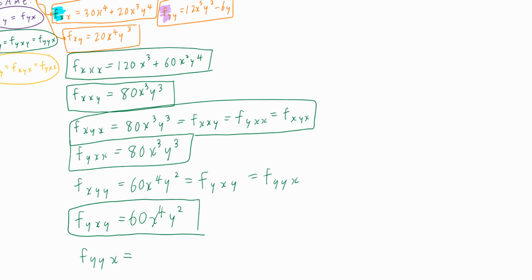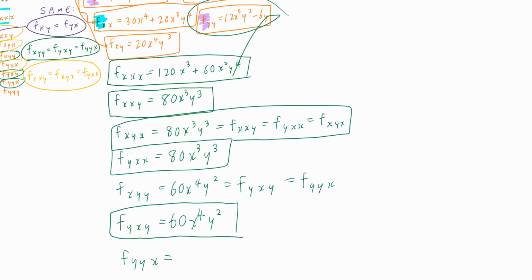Again, we did this from the top. And I'm going to take the partial derivative with respect to x. This means y is going to be a constant in this case. So you can tell that this negative 6y, when I differentiate in a moment, is going to become 0. Now, when I take the derivative of 12x to the power of 5, that's going to be 60x to the 4.